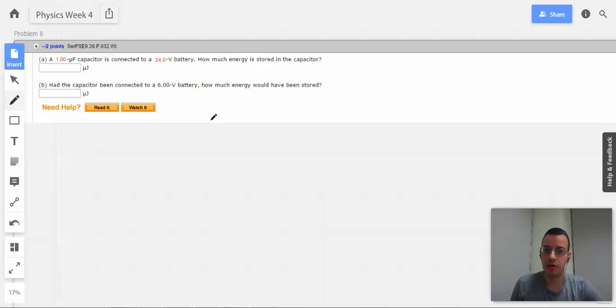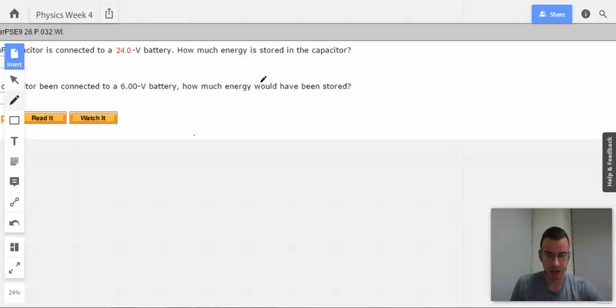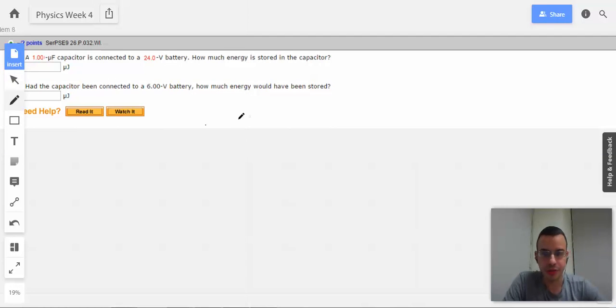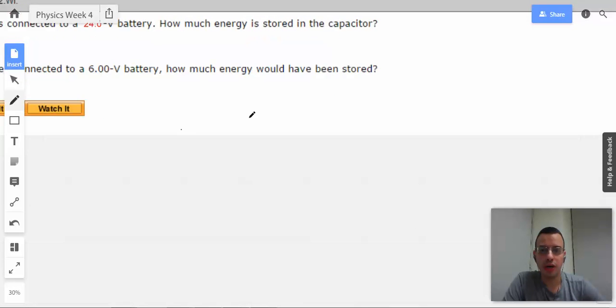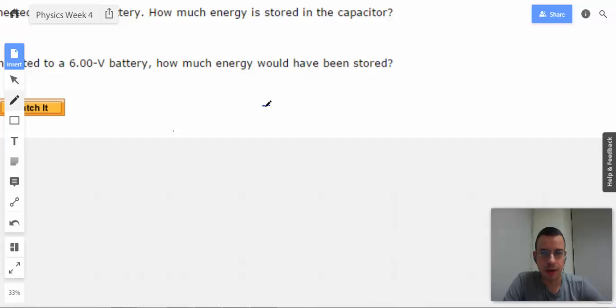Alright, so not too big into derivations in life, but this one's kind of worthwhile. So we know that volts are potential energy.